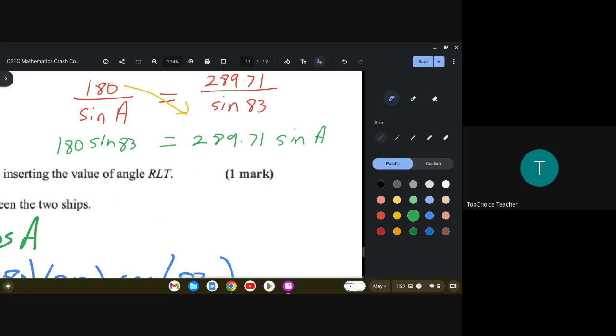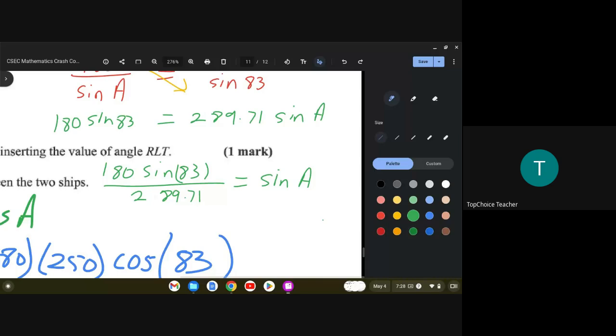To get sine A on its own, you need to divide both sides of this equation by this to get rid of it. So you're going to end up with 180 sine 83 over 289.71, and that is going to give you sine of A, sine of the angle.